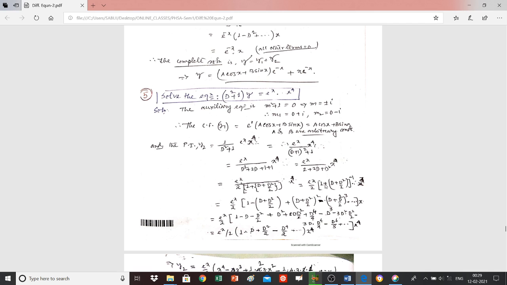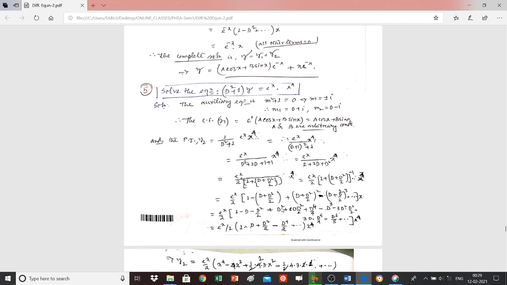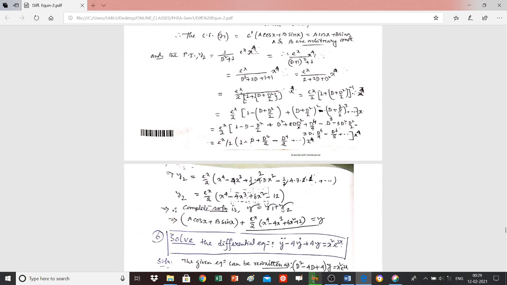Just expand this, and after that simplify, you finally get the particular integral as e to the power x by 2, x to the 4 minus 4x cube plus 6x square minus 12. So the complete solution is this complementary function plus this particular integral.